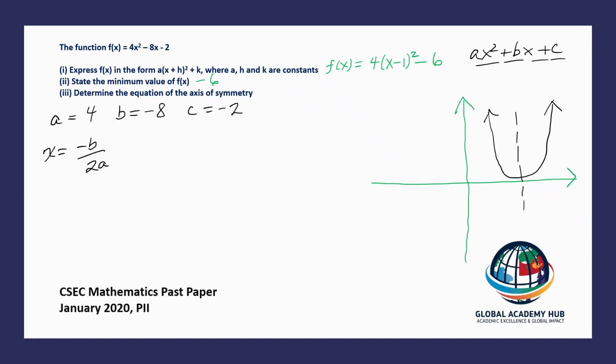The answer is yes. This is going to give us the x value. So minus b is going to be minus of minus 8. 2a is going to be 2 multiplied by 4. Minus of minus 8 is a positive 8. 2 times 4 is a positive 8. So this is 1. So the x value is 1. And so the equation of that axis of symmetry is x is equal to 1.